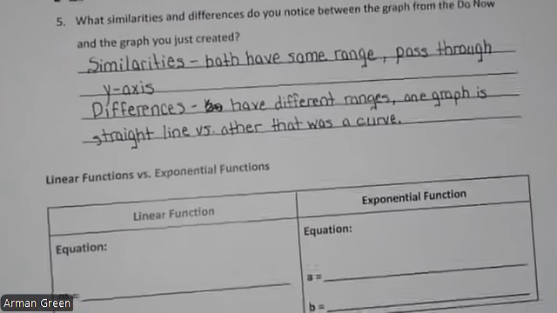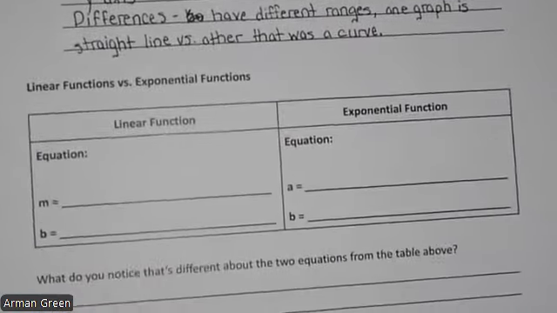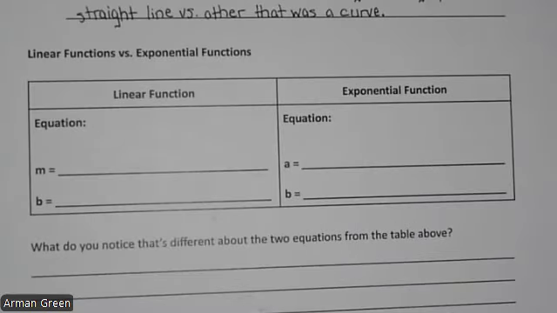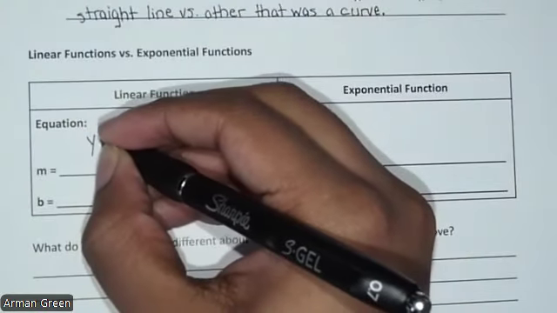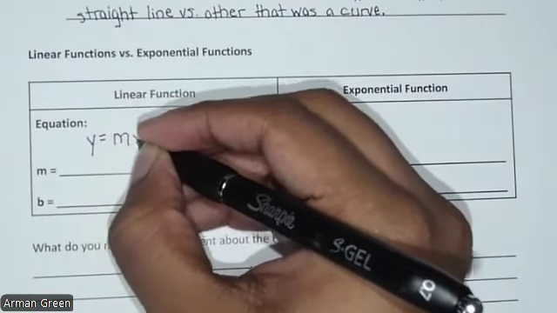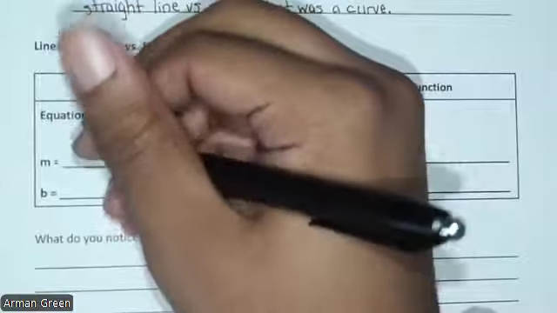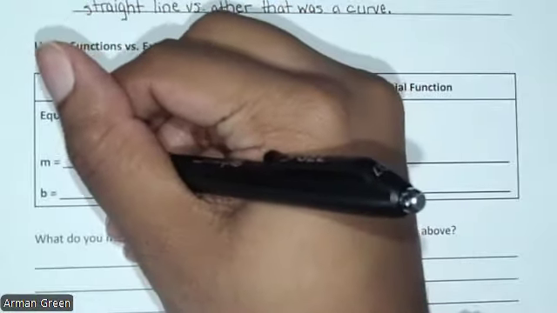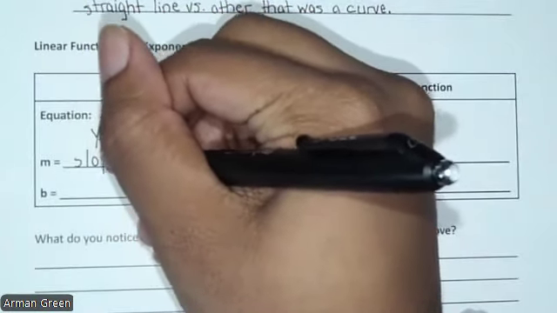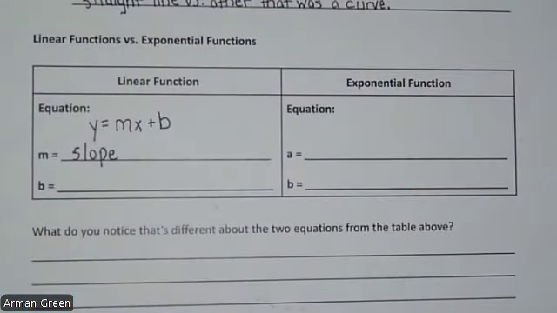Okay, so the first function that we had from the do now was a linear function. All right, and just kind of generalizing it, we already know the equation of a linear function. We had that from before, y equals mx plus b, where in this case, m represents the slope. Okay, we call it the slope.